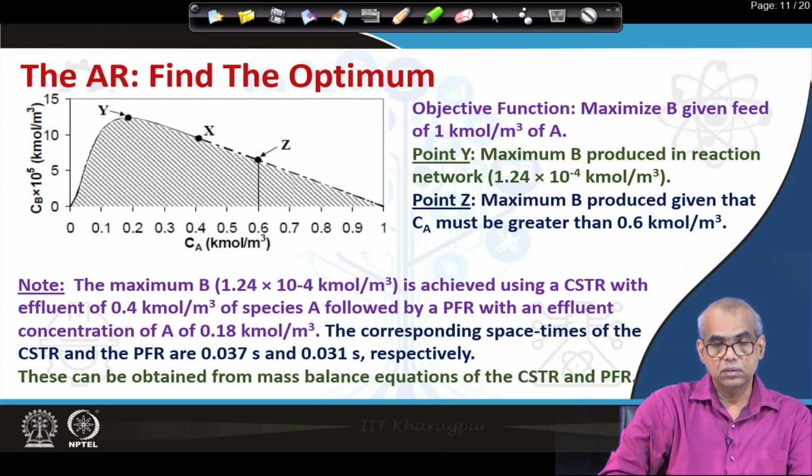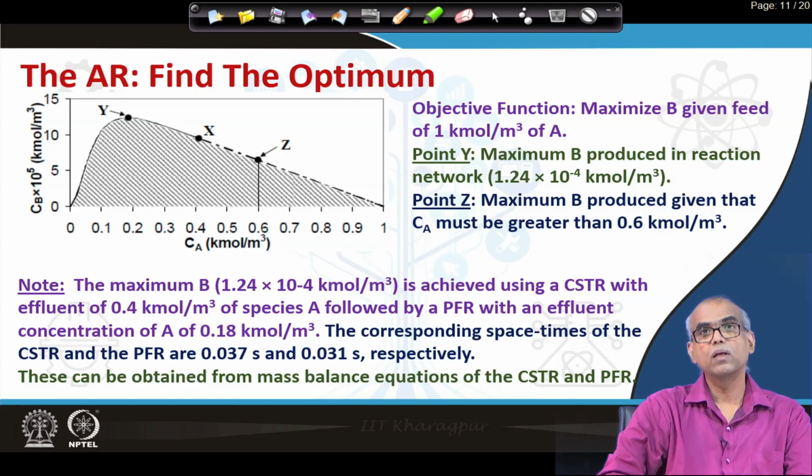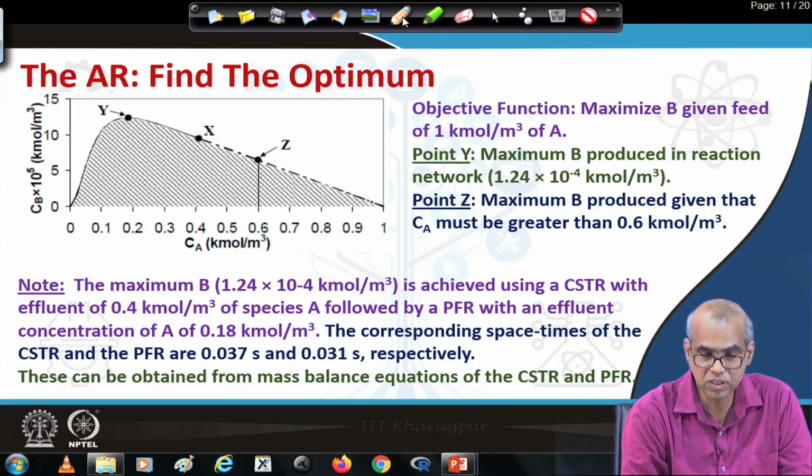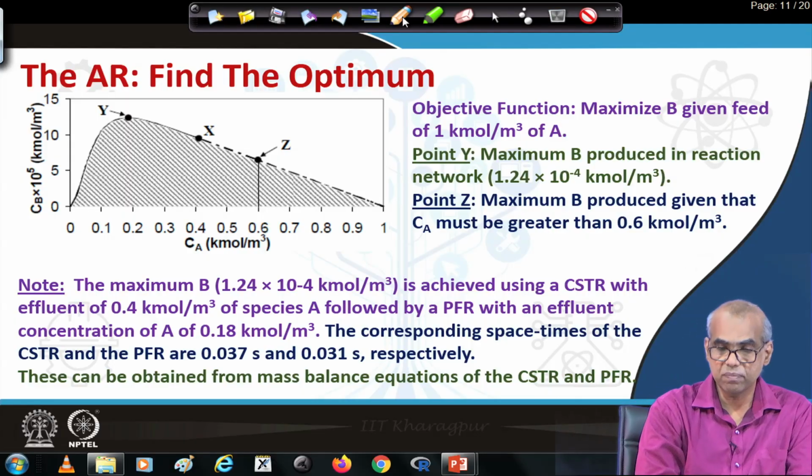Now, again concentrate on point Y, which represents the maximum concentration of B for this reaction scheme, starting with a feed of 1 kilomole per meter cube. How do you obtain the maximum Cb?